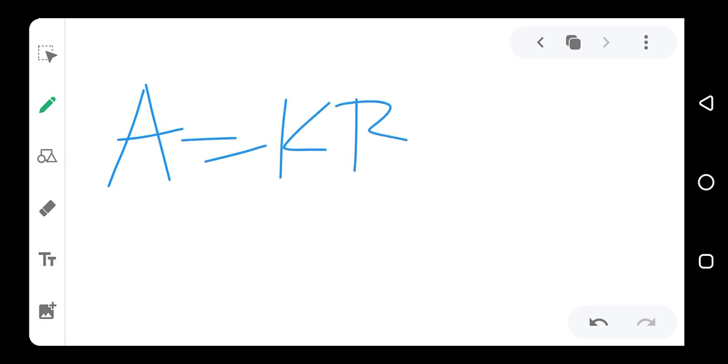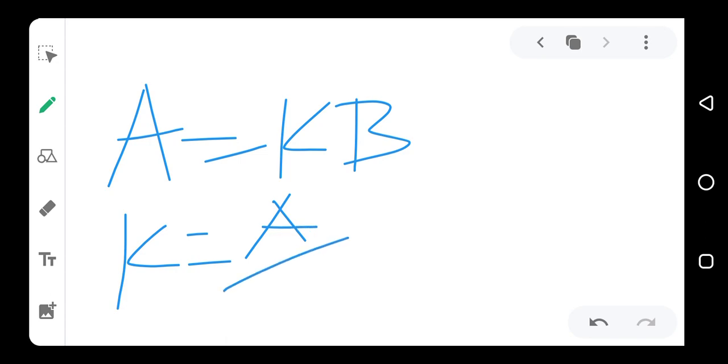Now, when we get to the point of A equal to KB, and now we have that K is equal to A over B. Now we put the first A and the first B given to us and divide to get the value for K. A is 2 and B is 5.